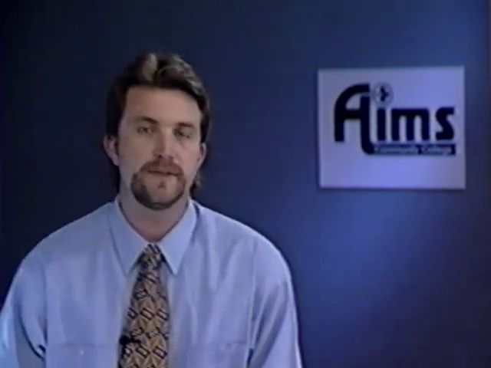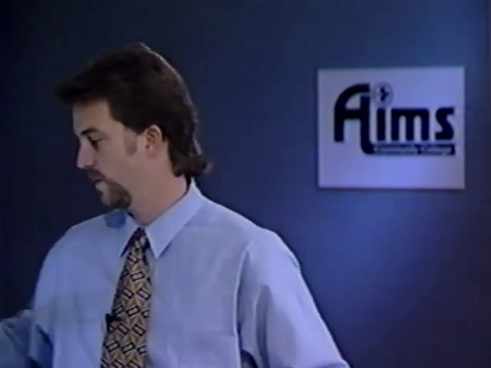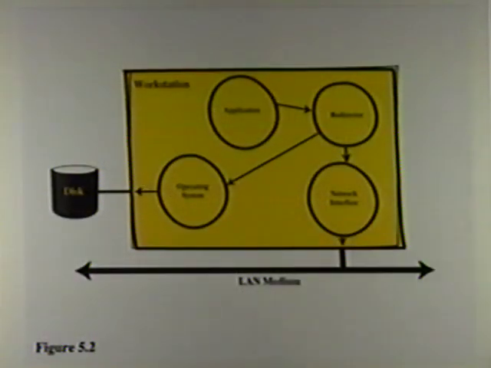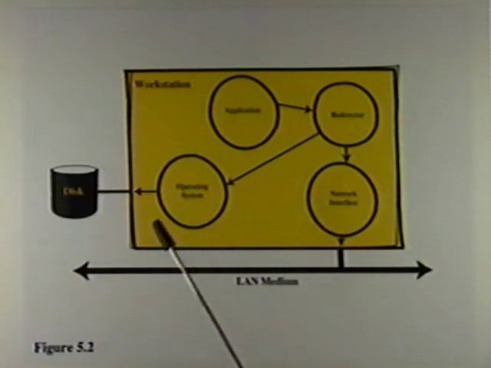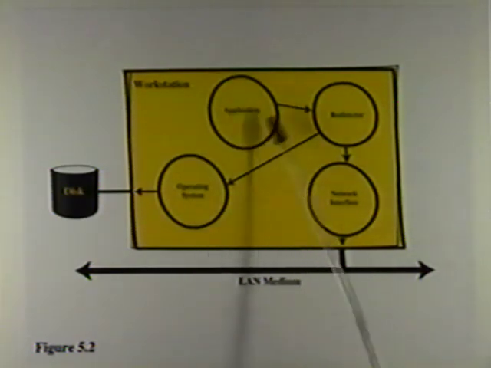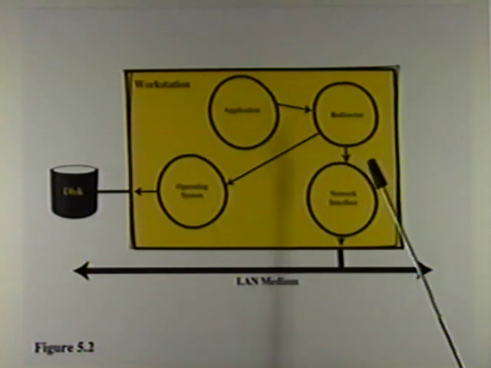All right, if you recall our diagram, in fact, let me put it back up for us again. We have essentially three interfaces here. We have a software interface between the application and the redirector. Let me zoom in for you here.